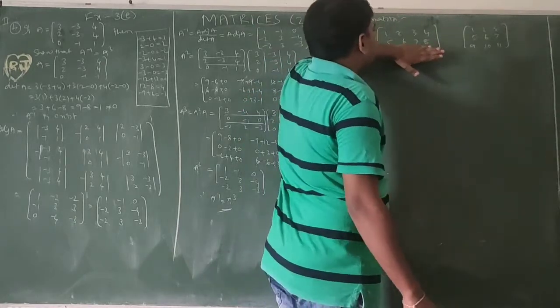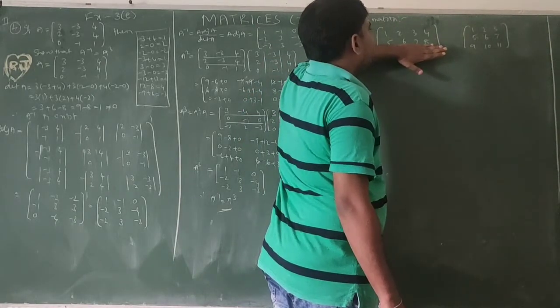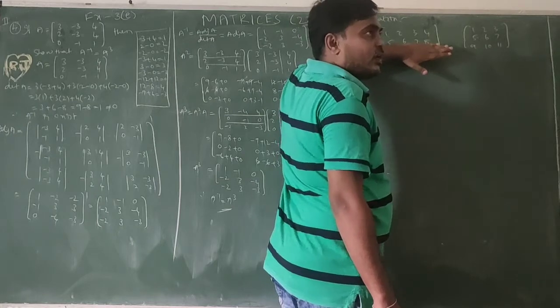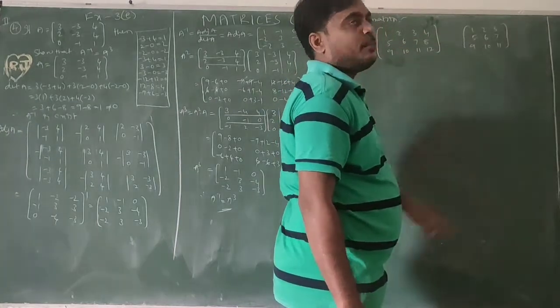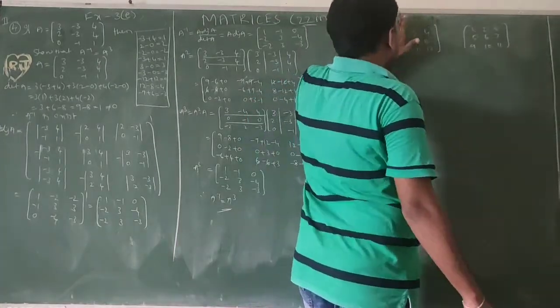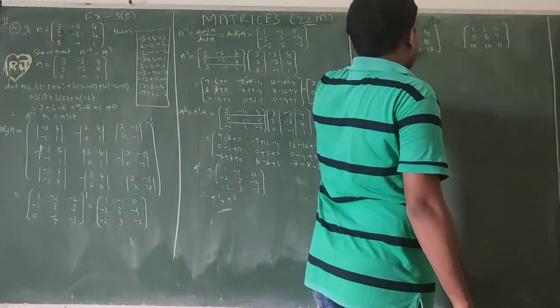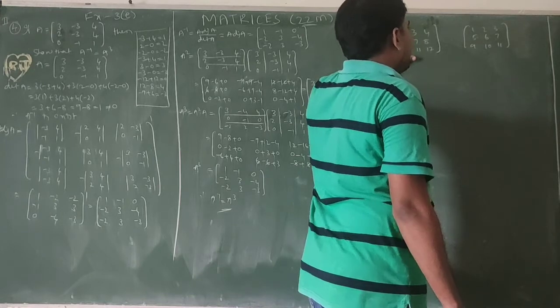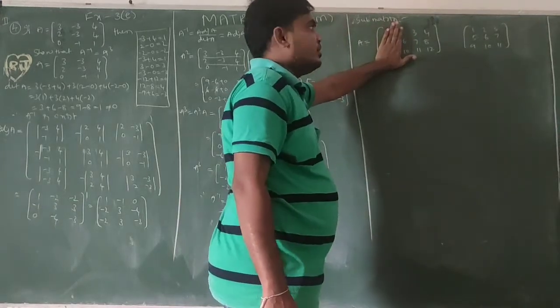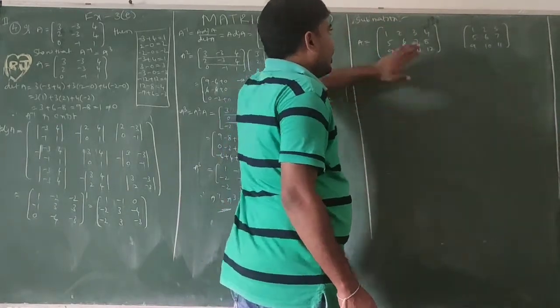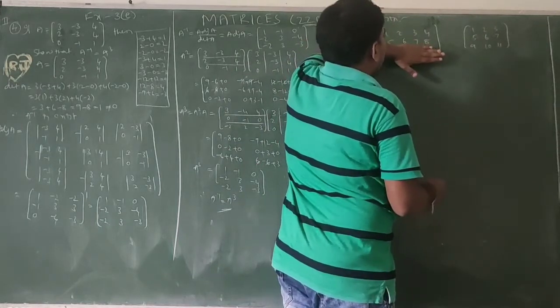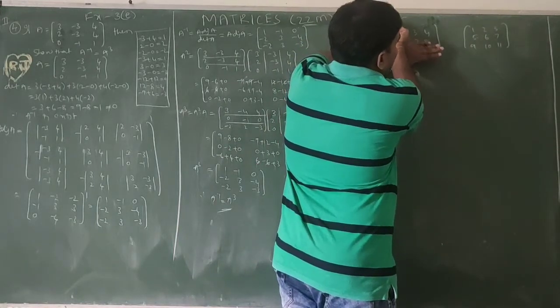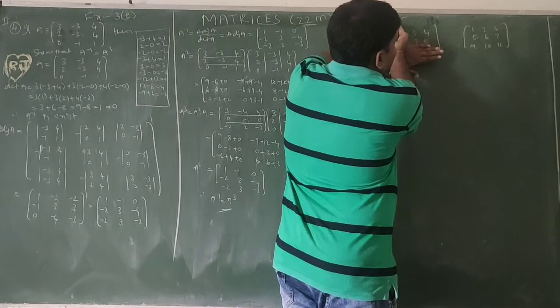If we delete this row, first row 1 2 3 4, second row 5 6 7 8, this is also a submatrix. I want to remove the first column: 2 3 4, 6 7 8, 10 11 12. This is also a submatrix. Now I want to remove this column and these two rows: 3 4, 7 8.